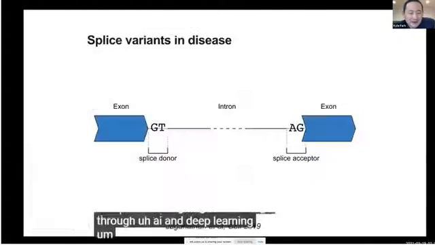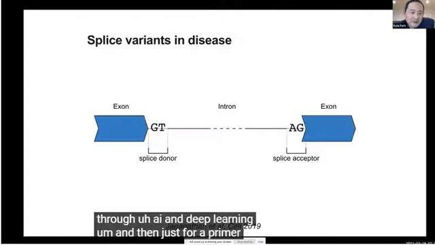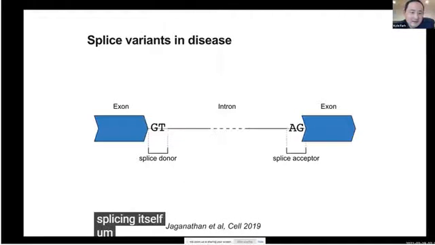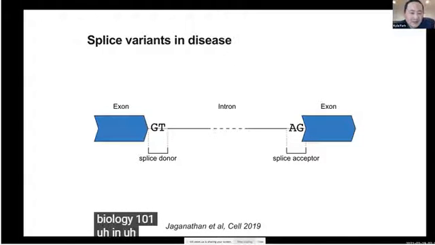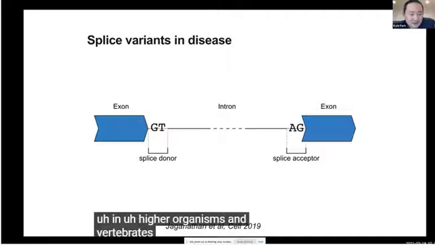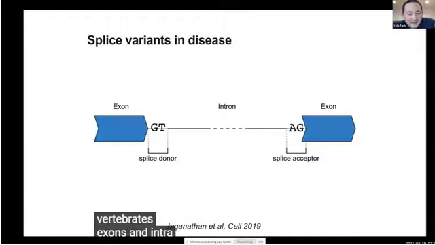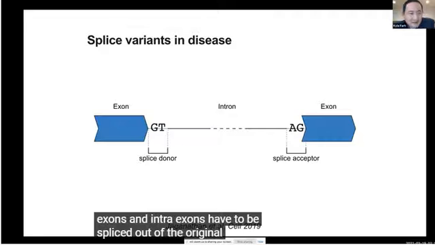And then just for a primer on splicing itself, if you recall from Molecular Biology 101, in higher organisms and vertebrates, introns have to be spliced out of the original gene body.